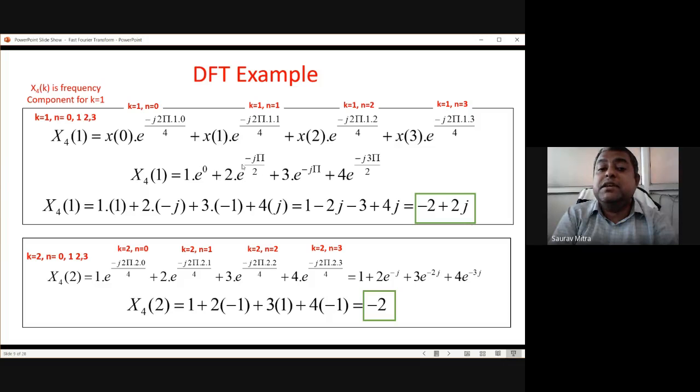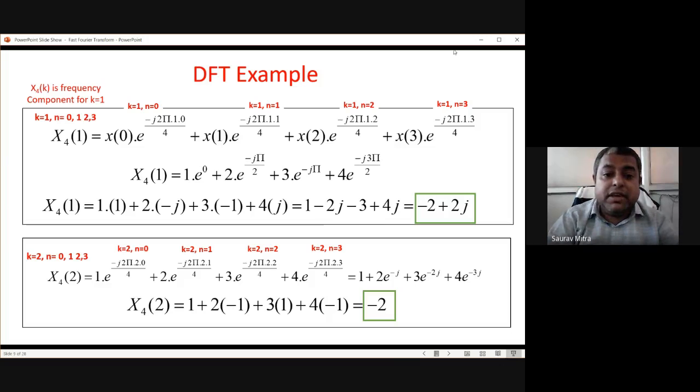Okay, and there is a symmetry in the twiddle factor, you will find. Okay, e raised to minus j pi. You have to remember e raised to minus j pi is minus 1. We will see that. And here e raised to minus j2 pi into 3 by 4, that is e raised to minus j3 pi by 2. And if you calculate e raised to minus j pi by 2, that means cos pi by 2 minus j sine pi by 2. And cos pi by 2 is 0, sine pi by 2 is 1.